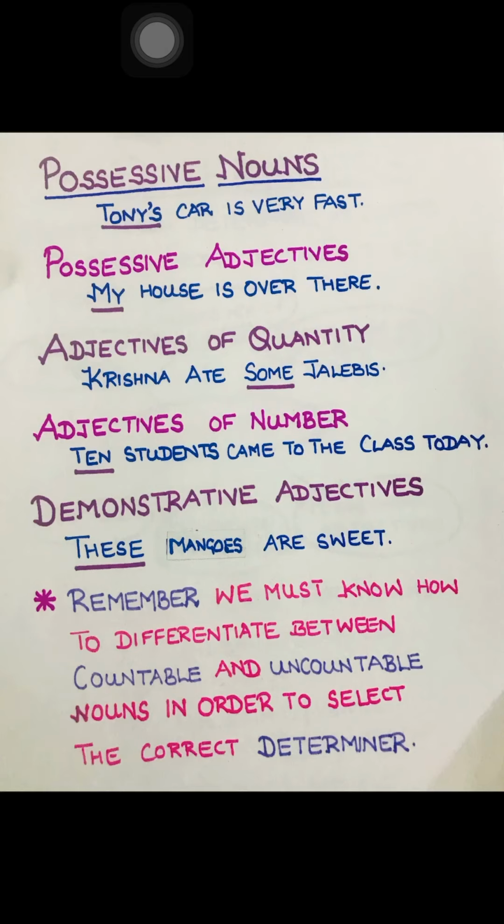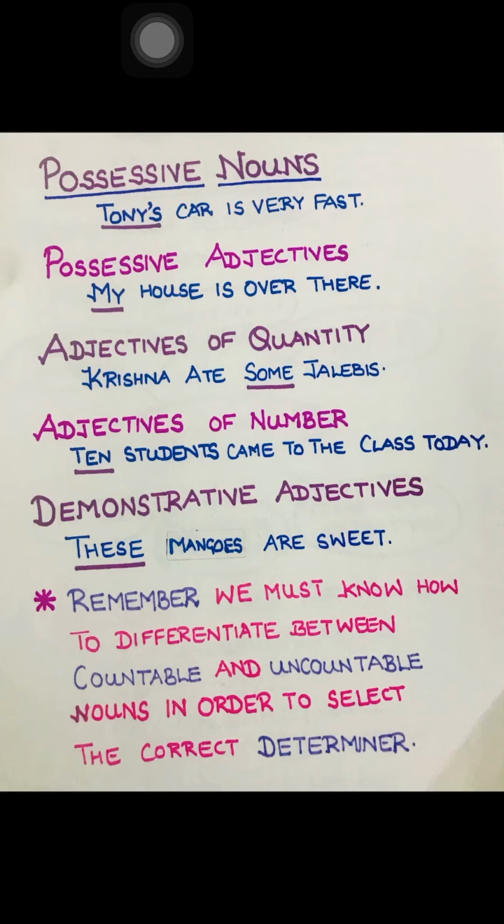Now let's finally move to the demonstrative adjectives, that is the last category of determiners, right? I'll read an example. These mangoes are sweet, right? I say that again. These mangoes are sweet. Now, what is the demonstrative adjective in this sentence, children?